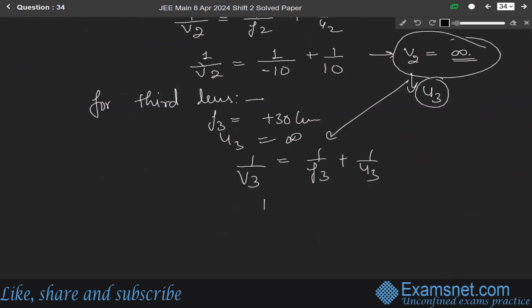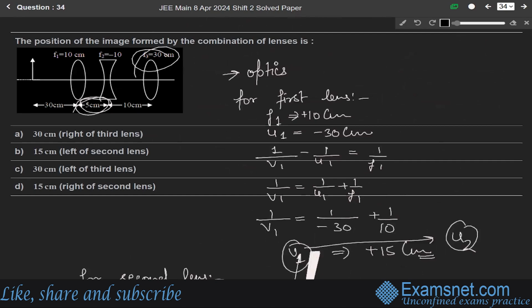So 1 over V3 will be equal to 1 over 30 plus 1 over infinity. And 1 over infinity is 0. So V3 will be equal to plus 30 centimeter, meaning the final image will form at a distance of 30 centimeter to the right of the third lens. So the correct answer is 30 centimeter right of the third lens, meaning option A is the correct answer.